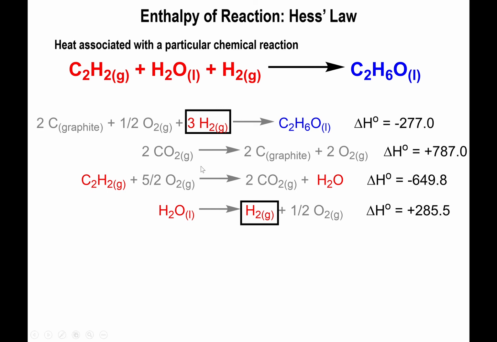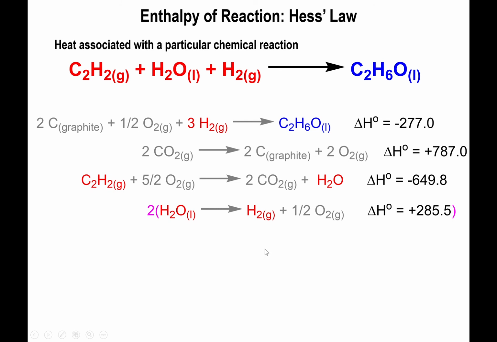That will give you actually 2 H2s, which is more than what you need. So this tells you, either from the point of view of water or the point of view of H2, that equation needs to be multiplied by 2. So that will give you 2 waters, 2 H2s, O2, and of course you will double the amount for delta H.